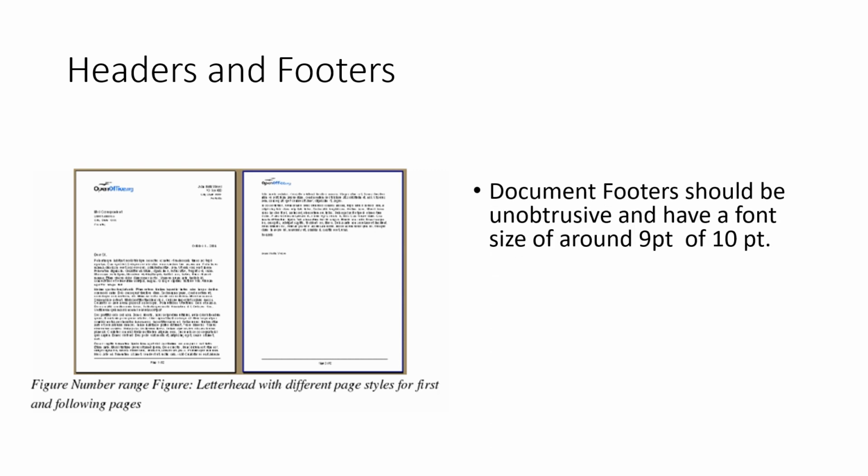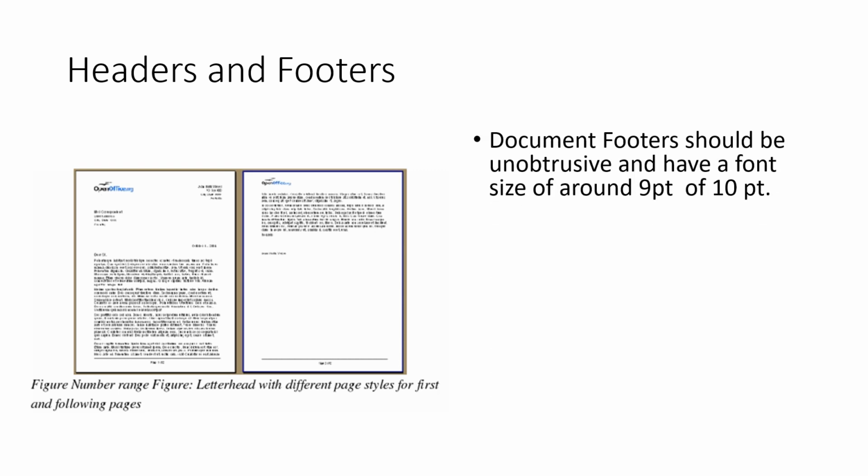So when we're talking about headers and footers, when we make the footer, you don't want it to be super obtrusive. You don't want it with a really big font so it takes up a third of the page. I know I'm being excessive and kind of getting out of control in explaining that, but you just want the information to be there and you kind of want it to be nondescript so that if the reader looks for it, it's there, but it doesn't really catch their eye.